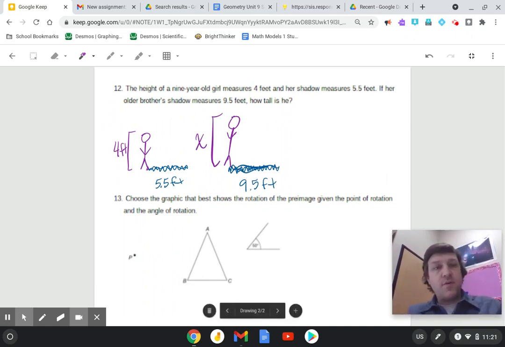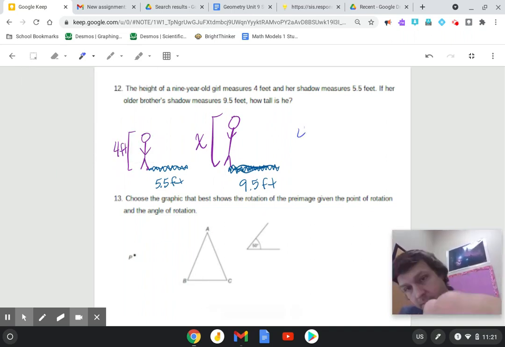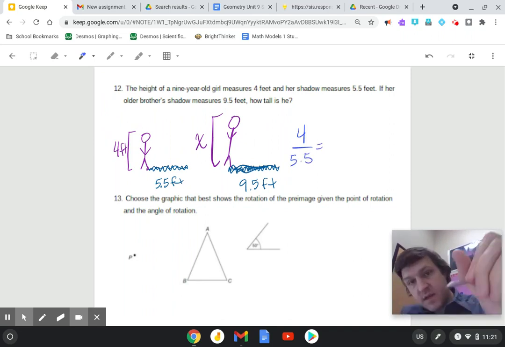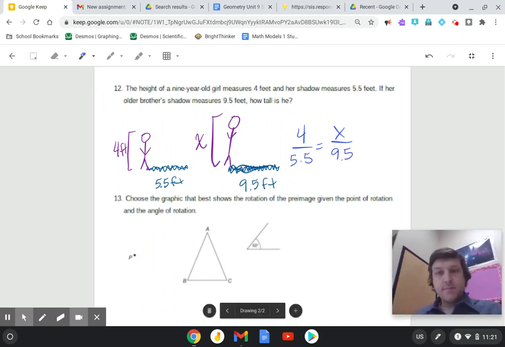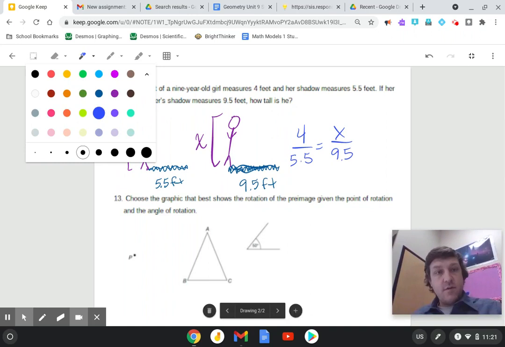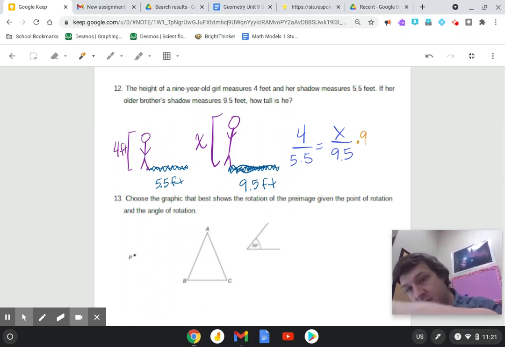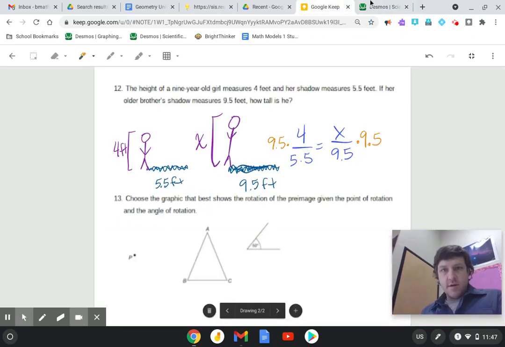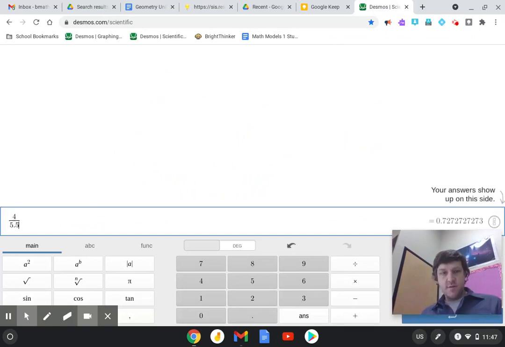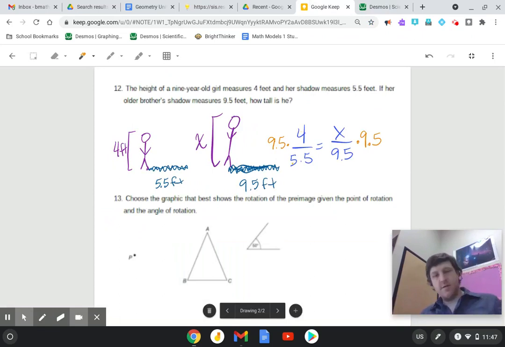So this is a simple proportion problem. If you draw a picture, it's very easy to set this up. We have 4 divided by 5.5 equals X divided by 9.5. So to solve for X, we're just going to multiply both sides times 9.5. Pretty easy. We're going to go to our calculator and calculate 4 divided by 5.5, and then multiply that times 9.5, which is what we see right here.